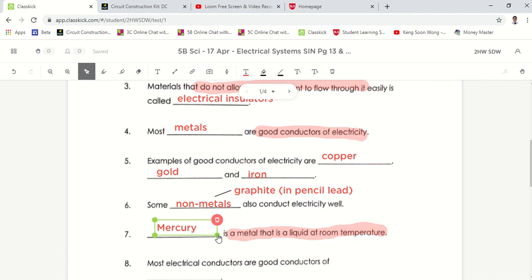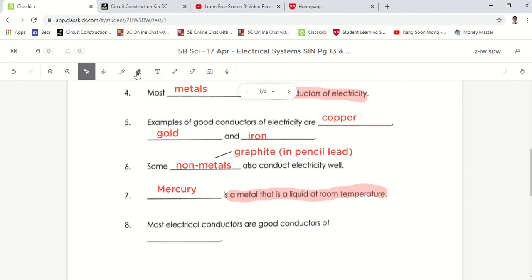Even if it's a liquid, if it's a metallic liquid, it can conduct electricity. And most electrical conductors are also good conductors of heat. Why is that so? Because most electrical conductors are metals, and metals we know are good conductors of heat as well. So that's the answer for page 13.